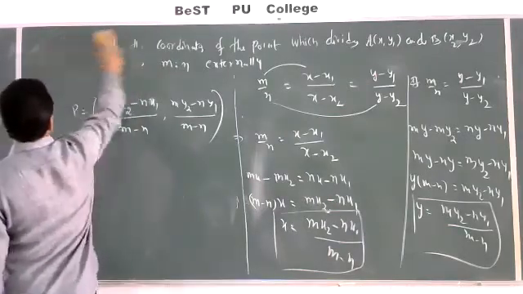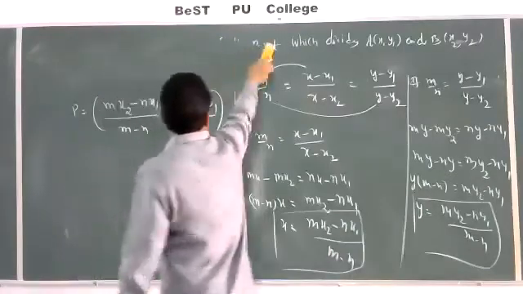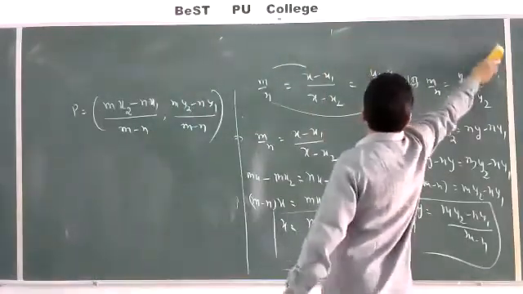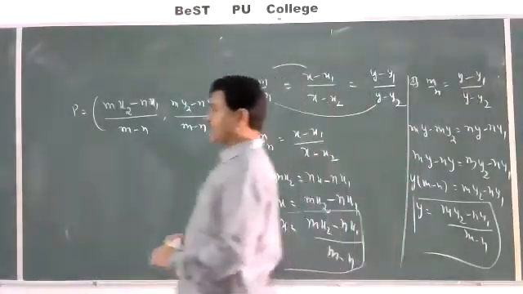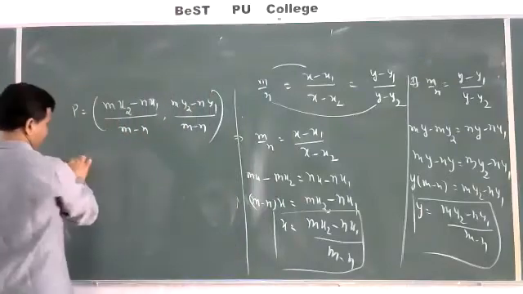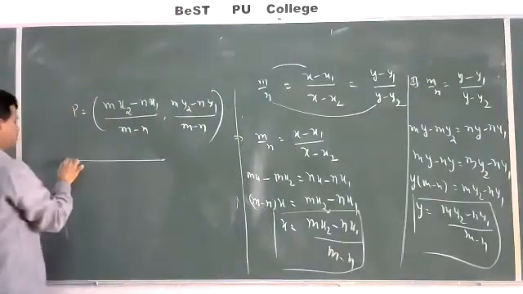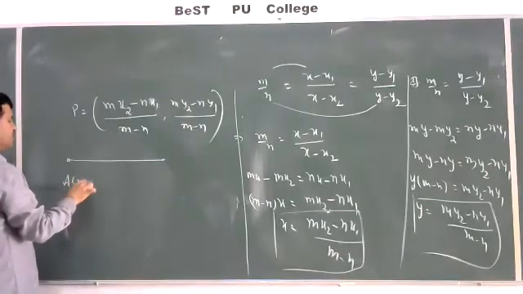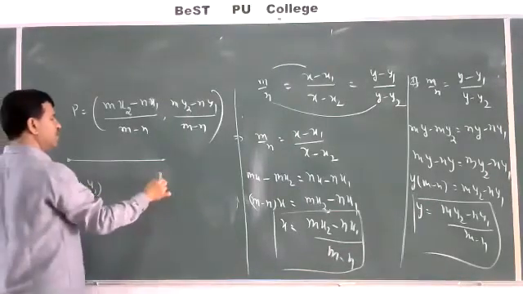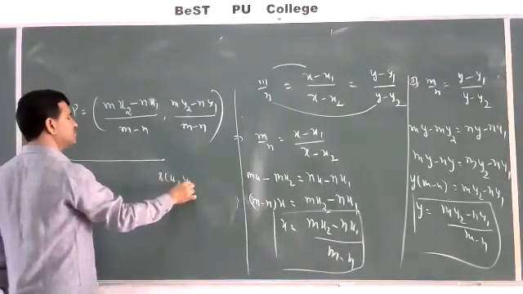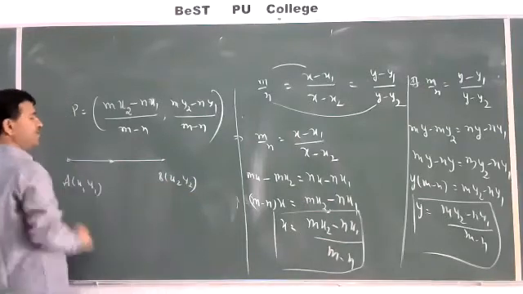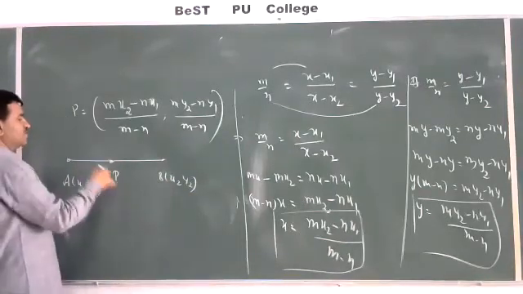Tell me the midpoint formula. Midpoint means, see the midpoint, just find the midpoint of A x1 y1 and B x2 y2. So midpoint means we can take the ratio as 1:1.